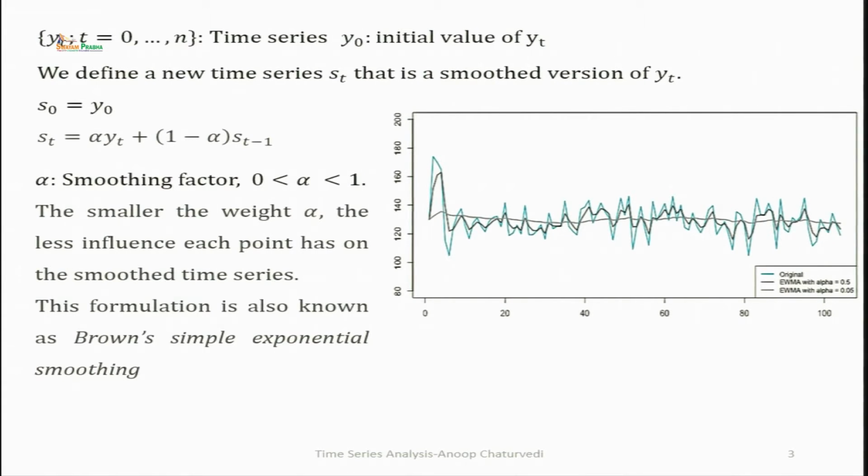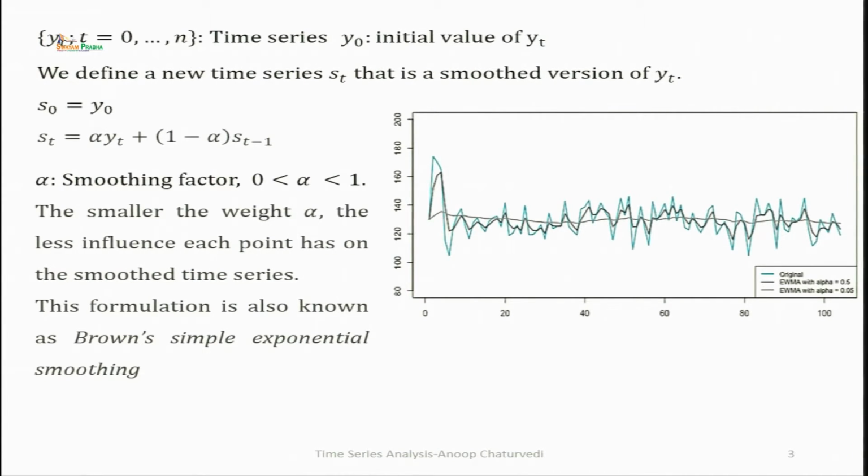Now, we define a new time series S t, and this S t is actually a smoothed version of y t. We take S naught equal to y naught, and S t is equal to alpha y t plus 1 minus alpha S t minus 1. Here this alpha is called the smoothing factor, and it lies between 0 and 1.